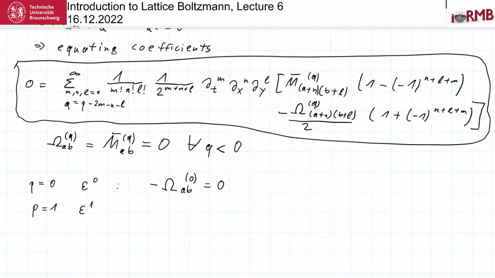Yeah? Okay, so let's take P equal to 1, which means we are talking about epsilon to the power of 1, and fill out our master equation. So what comes out now is we get a first derivative, dx of m a plus 1 b to the 0, plus dy m a b plus 1 to the order of 0, minus collision operator AB first order.